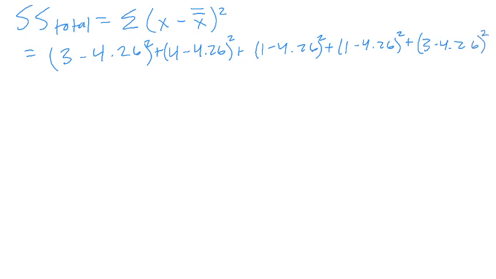Now let's move on to the second group. We have 1, 6, 4, 4, and 3, and we're still taking the grand mean from each of these. So 1 minus 4.26.